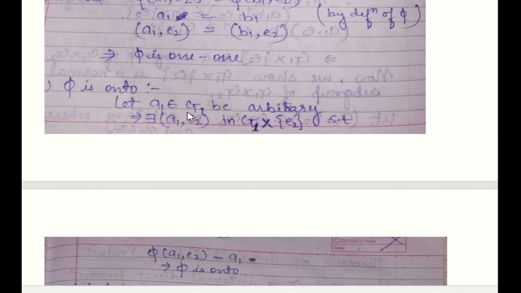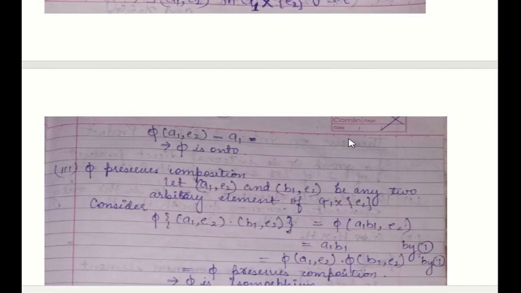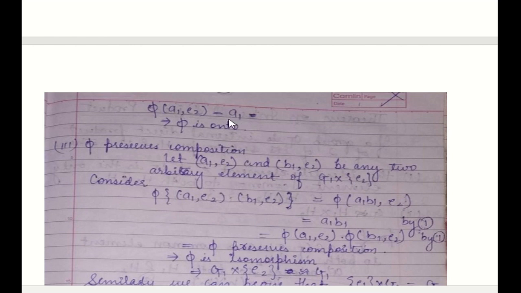Let A belonging to G1 be arbitrary. So there exists A1 comma E2 belonging to G1 cross E2 such that phi of A1 comma E2 is equal to A1. This implies phi is onto.